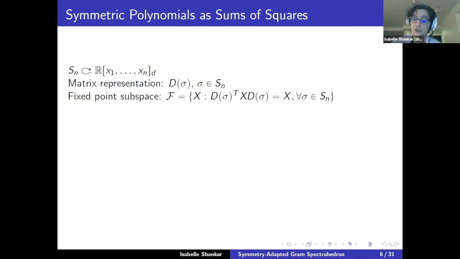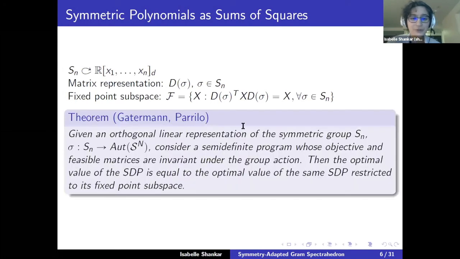And it turns out, if you want to read this whole thing, you're welcome to. But essentially, what this theorem by Gatermann and Parrilo tells us is that if we have an invariant SDP, semi-definite program, then rather than looking at the entire PSD cone, we can restrict to the fixed point subspace. So we can restrict to symmetric matrices X that are fixed by this action, and that will give us, in fact, an optimal solution.